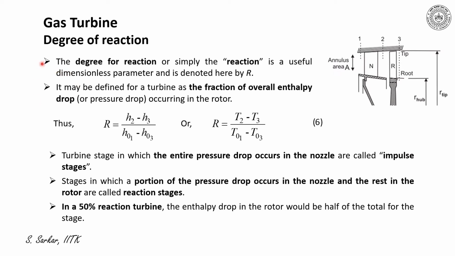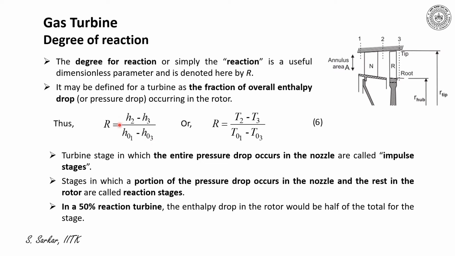The degree of reaction, or simply the reaction, is a useful dimensionless parameter and is denoted by the symbol R. It may be defined for a turbine as the fraction of overall enthalpy drop or pressure drop occurring in the rotor. Thus, R can be stated as h2 minus h3 divided by h01 minus h03.